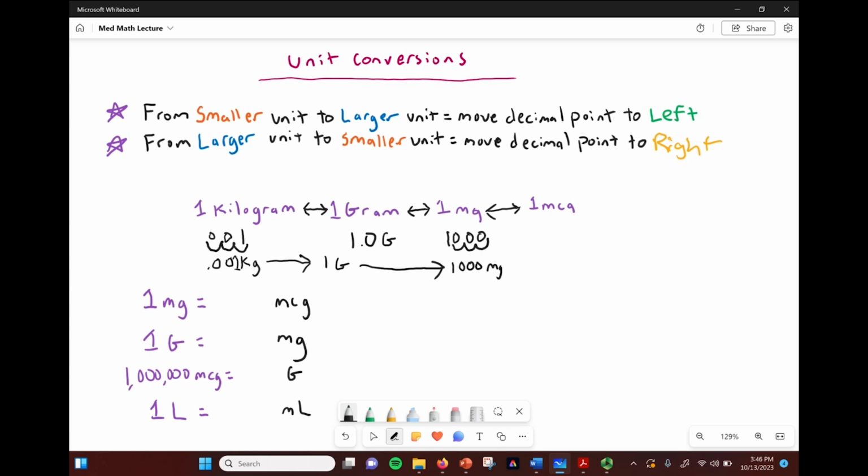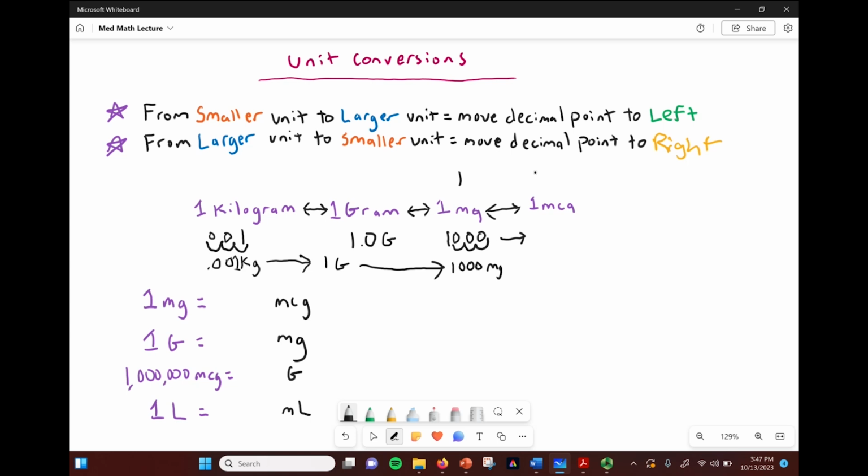And I can do this again for a microgram. In this case, and we'll see this later, I can say that there is 1,000 micrograms in a milligram. So if I wanted to, I could say this is 1 milligram.